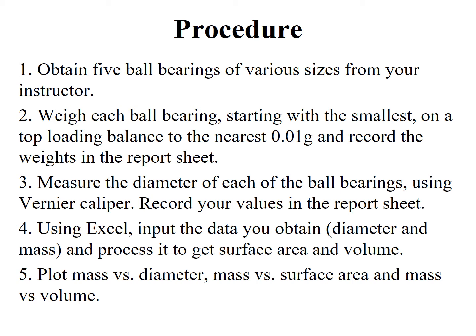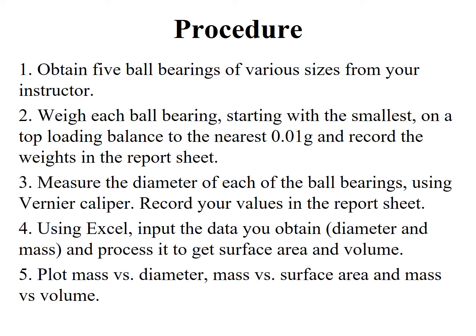The surface area will be 4 times pi times (1/2 of the diameter) squared. Now for the volume, you're going to get it by 4/3 times pi times r cubed, where r is the radius, or 1/2 of the diameter.